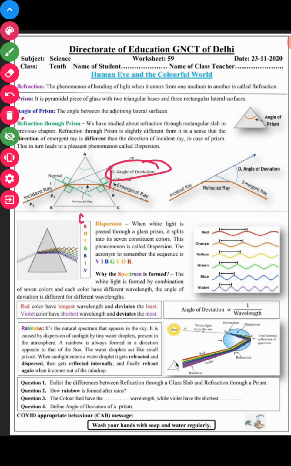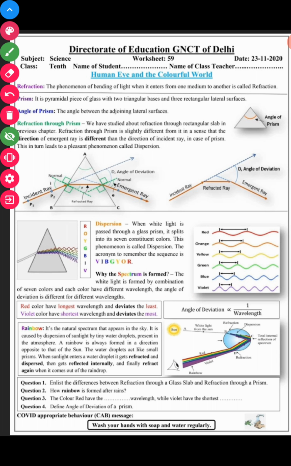And see another phenomenon, as we discussed, dispersion. When white light passes through this prism, it splits into 7 colors. This is called dispersion of light, and we will learn these colors with the help of VIBGYOR. Why does the spectrum form? White light is formed by the combination of 7 colors, and each color has a different wavelength. See, red color has the maximum wavelength and violet the minimum.